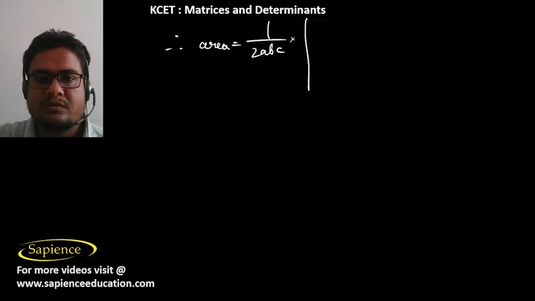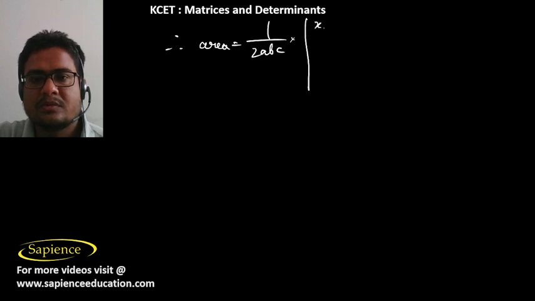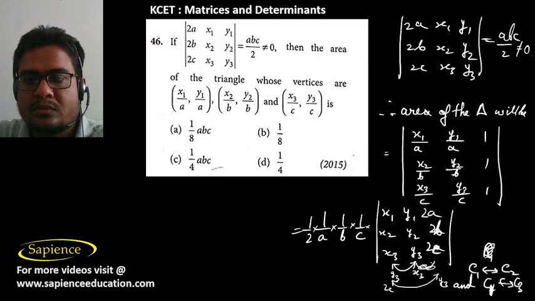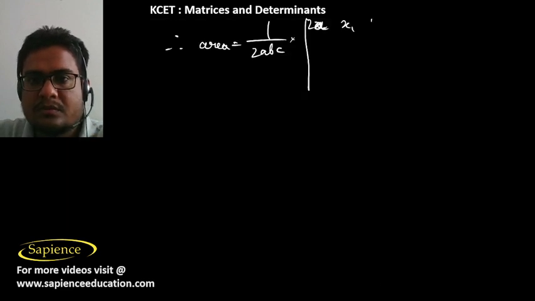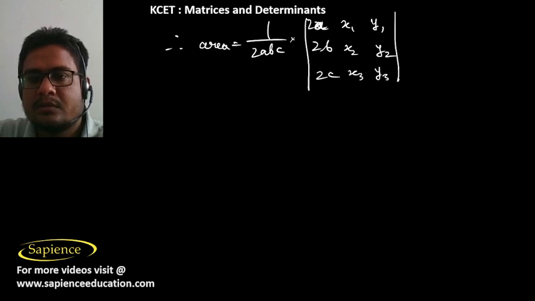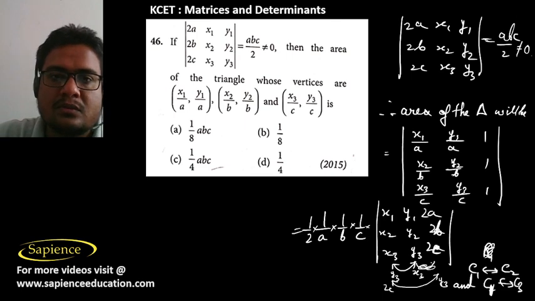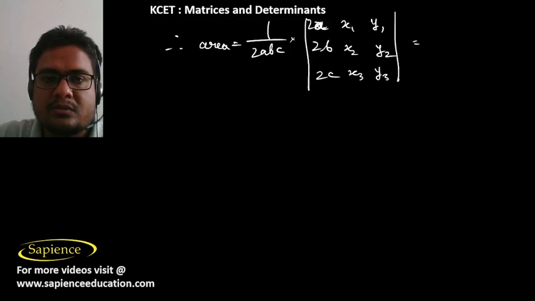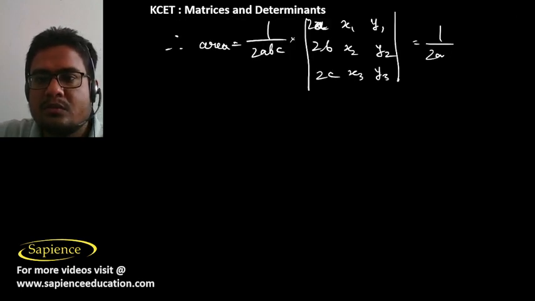Therefore we will have 1 by 2 ABC into the determinant of [2a x1 y1; 2b x2 y2; 2c x3 y3]. Now this value is given as ABC by 2. So this will be 1 by 2 ABC times ABC by 2.